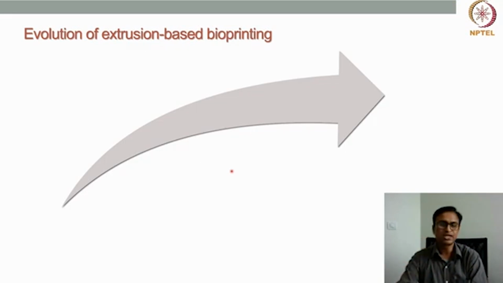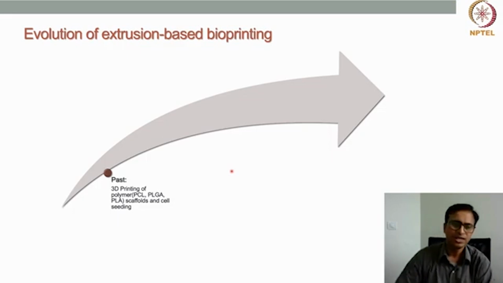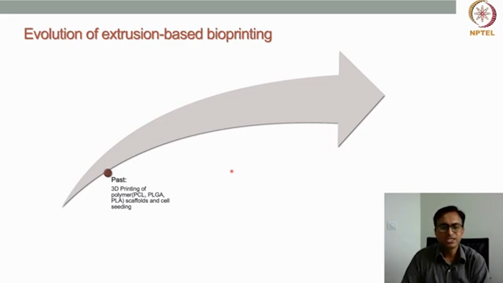So if you see historically, in the past, this extrusion based bioprinting was mostly used for printing only biomaterials, where no cells are encapsulated or loaded inside the material. Only 3D printing of polymers was mostly used.